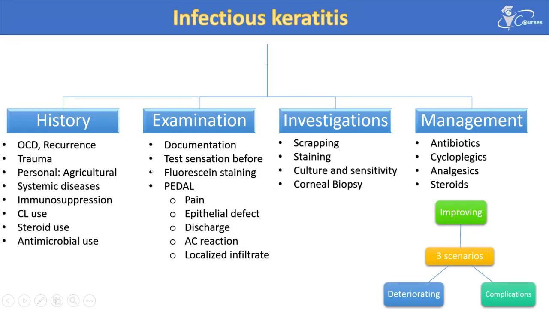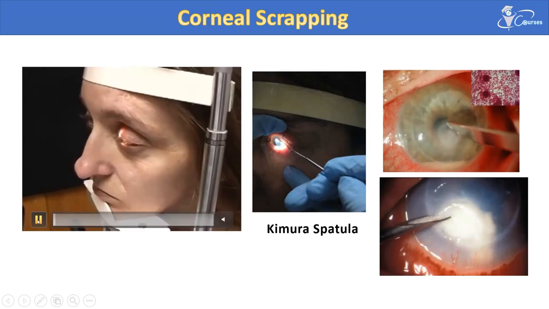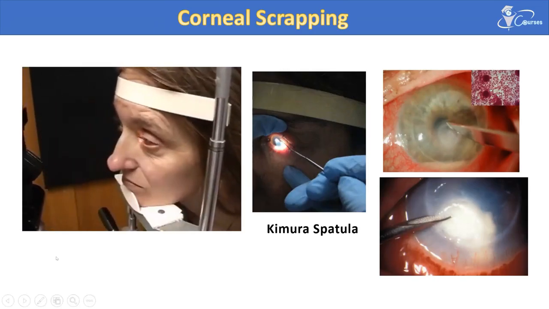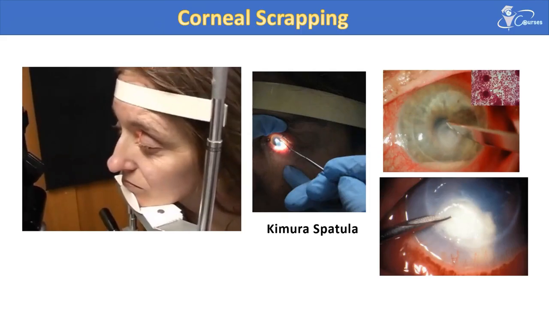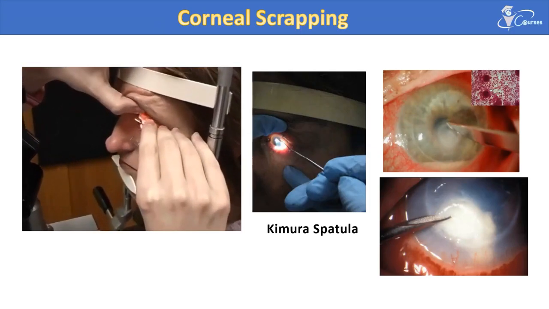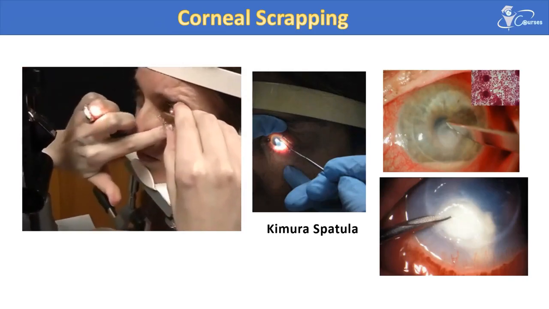Let's start first with how we do cornea scraping. Cornea scraping is a technique that we use for taking a specimen from the cornea in order to analyze by direct staining to detect the infective organism, or to do culture and sensitivity to know what will be the appropriate antibiotic.